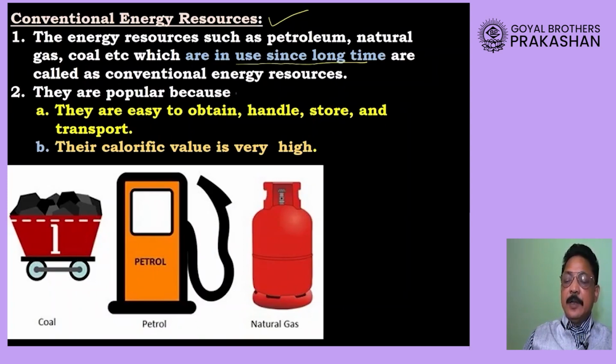Second thing, their calorific value, that means the quantity of energy obtained from them, is also very high, and we call that quantity of energy obtained on a large scale by the word calorific value. So they are used on a large scale because their calorific value is very high.